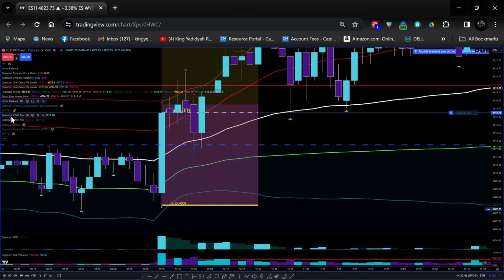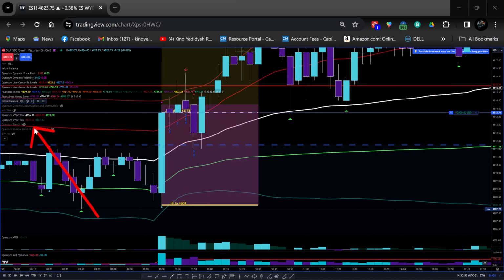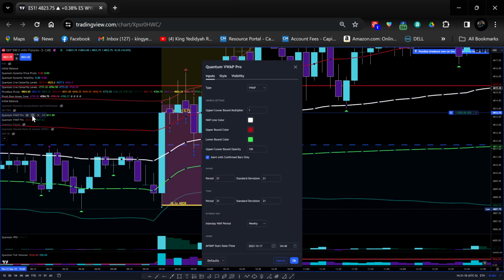As you can see here, this is Quantum Vwap Pro, that's the indicator's name. So if you want to go to Quantum Trading, you could purchase these Vwaps. They have a lot of different features with the Vwap. Let me just open up one of these.